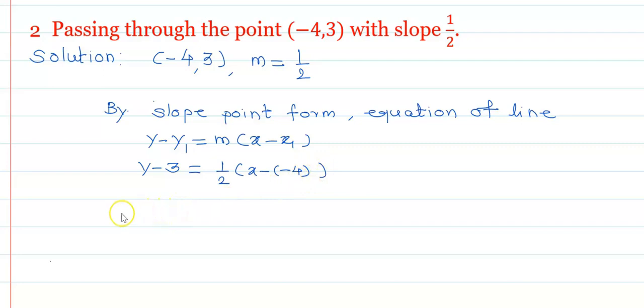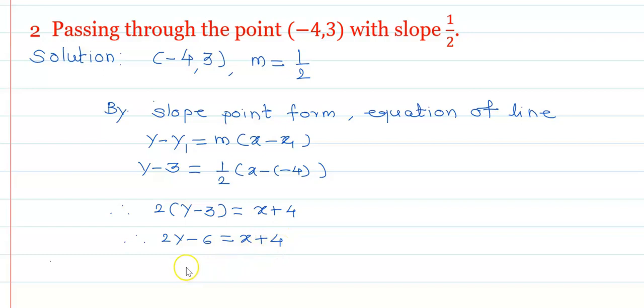And now the simplification. Therefore 2(y minus 3) equals x plus 4. Therefore 2y minus 6 equals x plus 4.